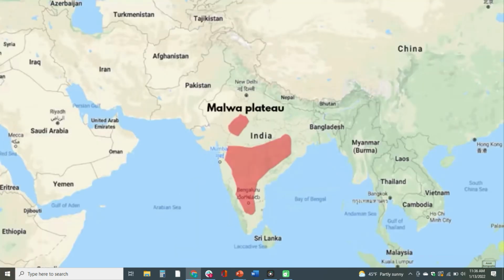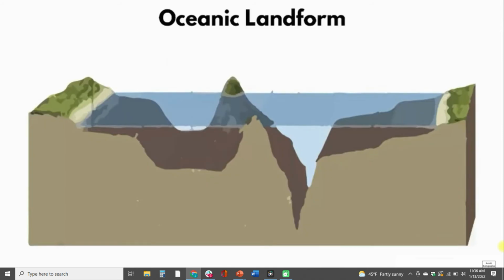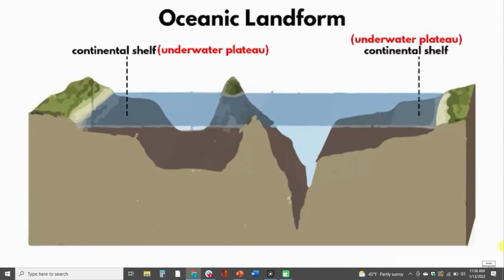In India, Malwa Plateau and Deccan Plateau is of volcanic origin. Now, erosion due to wind, rainfall and rivers can influence the shape of a plateau. Even in the oceans, you will find plateaus. Oceanic plateaus are of two types. One is made of continental crust and the other is made of igneous rock due to solidification of lava.